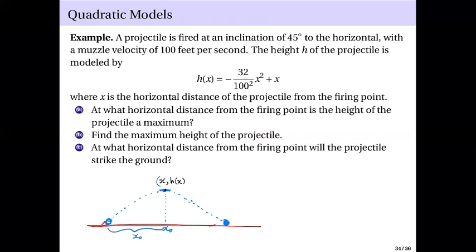So this point here has coordinates x sub 0, h of x sub 0. So we need this x sub 0 in here. But this is the vertex. And again, what is the x coordinate of the vertex? It's just your negative b over 2a. Correct?